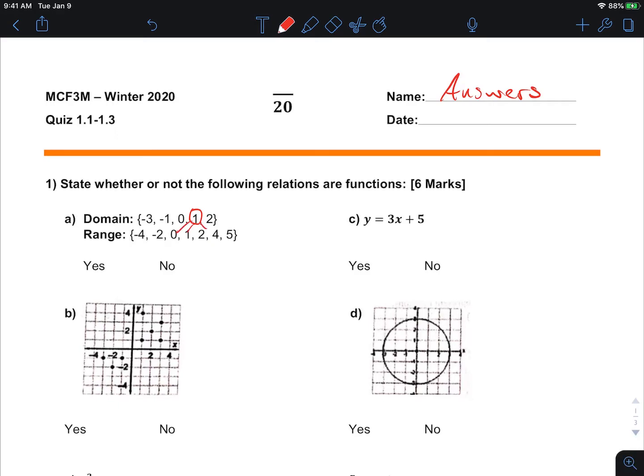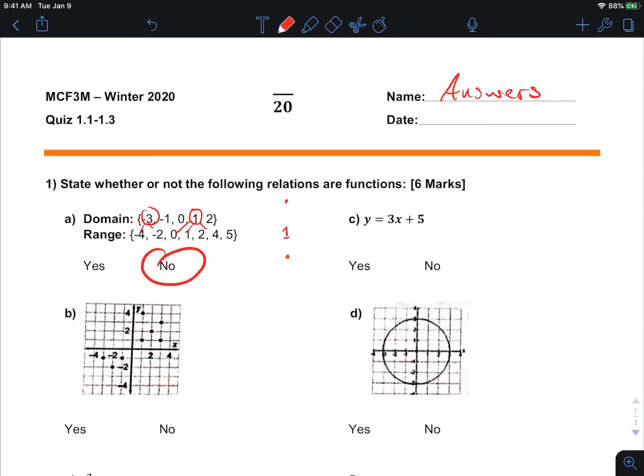Any of those x's could go with any of these y's. At which instance you go, okay, I have an x value with multiple y's, right? So that just means if x were equal to 1, then I'd have multiple y values somewhere. So it's not a function, okay?